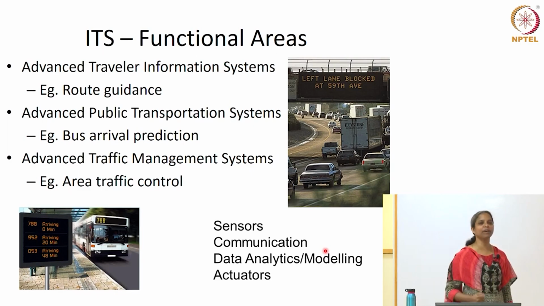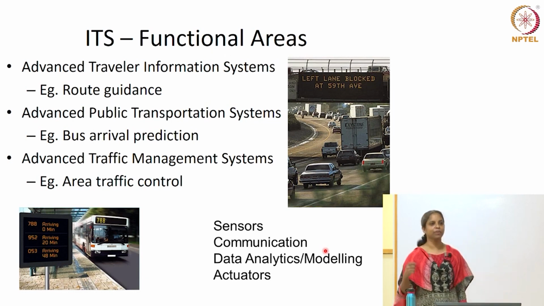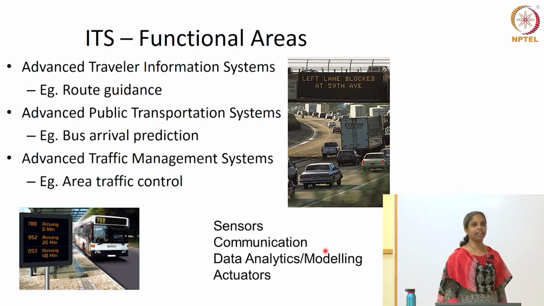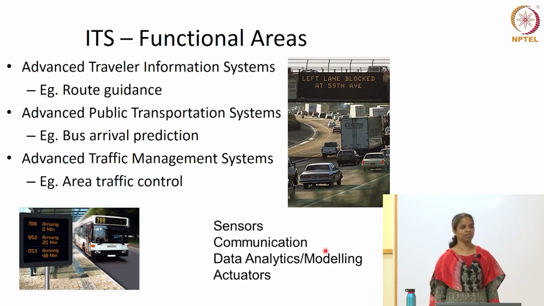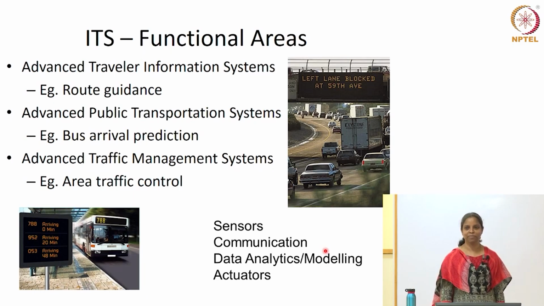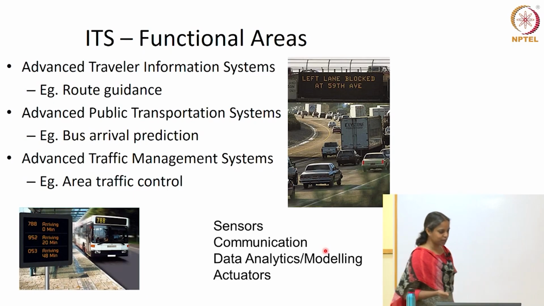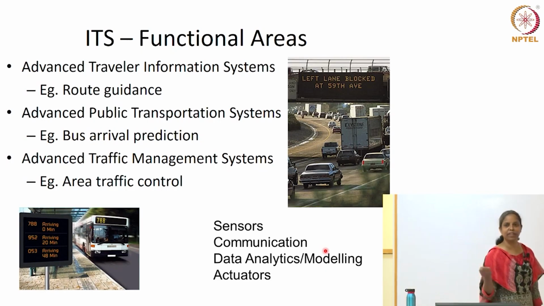How is Google coming out with this information that this much time it will take for you to reach this point? Satellite. How will satellite get that information? Okay, it's all coming from your cell phones. If you use your Google Maps, there will be some fine print somewhere that your data will be used.